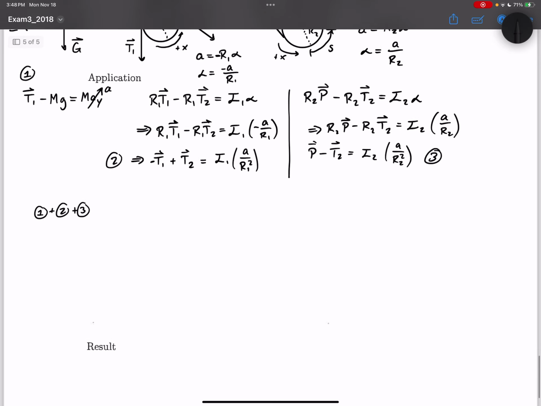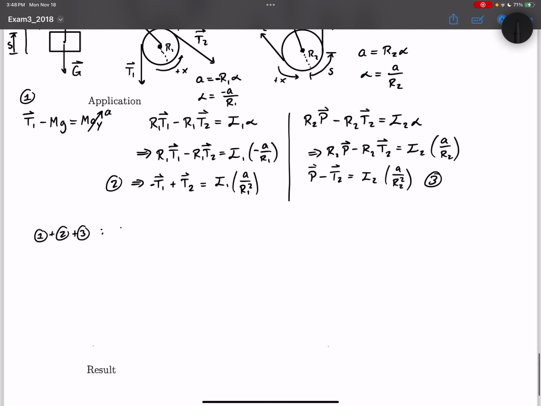Sorry about that. Okay, so T1 minus mg plus negative T1 plus T2 plus P minus T2, and that's going to equal capital M times A plus inertia 1 times A over R1 squared plus inertia 2 times A over R2 squared.